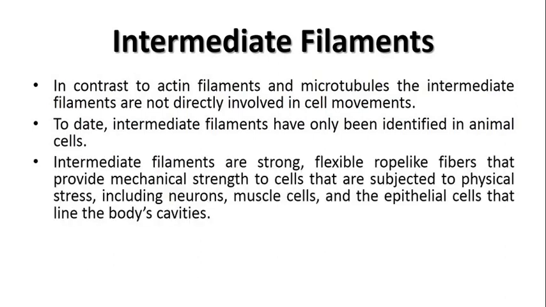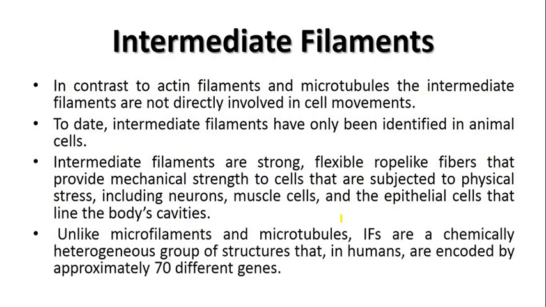Intermediate filaments are strong, flexible, rope-like fibers that provide mechanical strength to cells that are subjected to physical stress, including neurons, muscle cells, and the epithelial cells that line the body cavities. Unlike microfilaments and microtubules, intermediate filaments are a chemically heterogeneous group of structures that in humans are encoded by approximately 70 different genes.